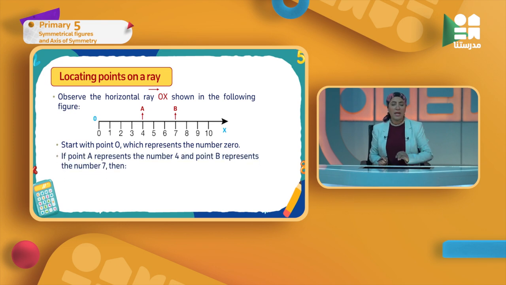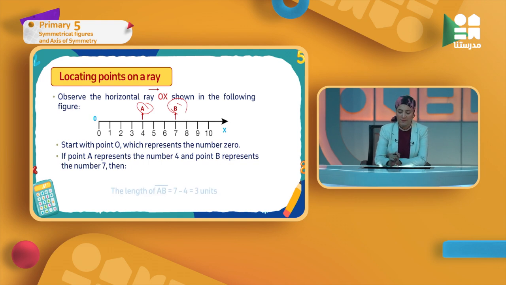If point A represents the number 4, as you see in front of you, I have the point A and the point B. The point A is at the point 4, this means that point A represents the number 4, where my point A is located. And point B represents the number 7.